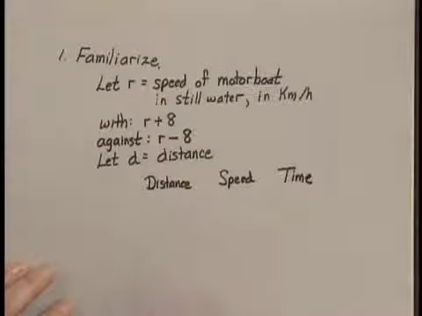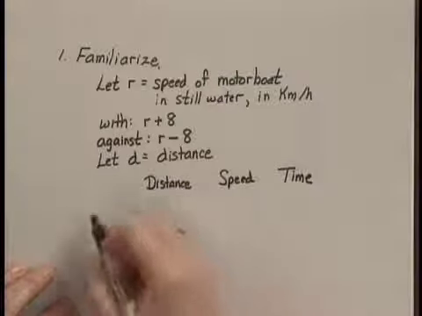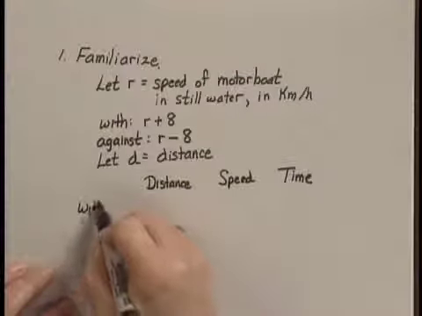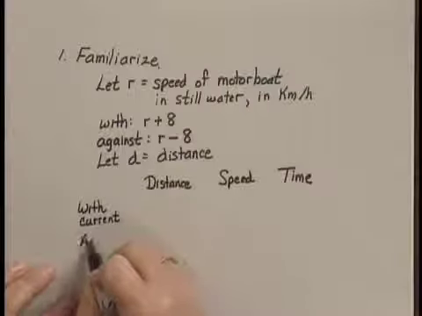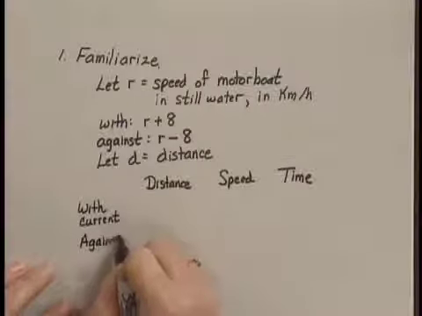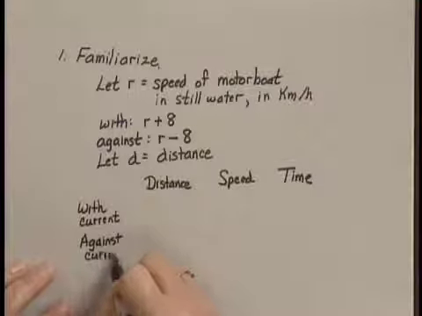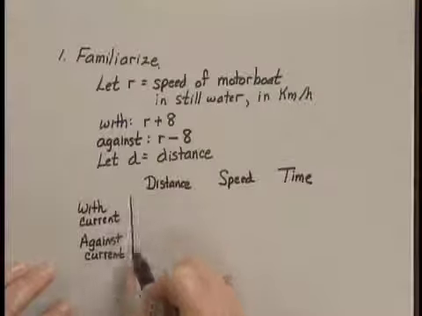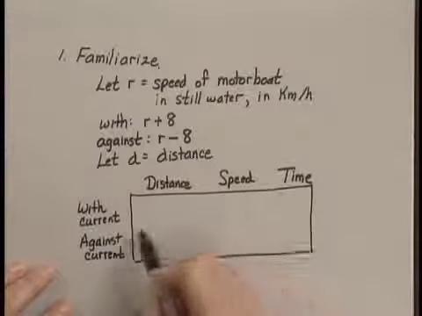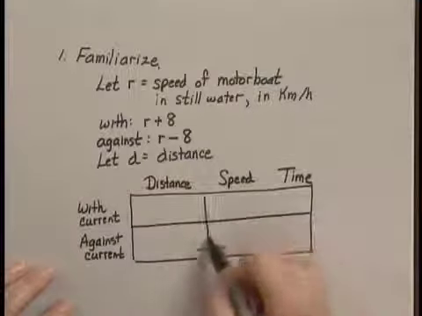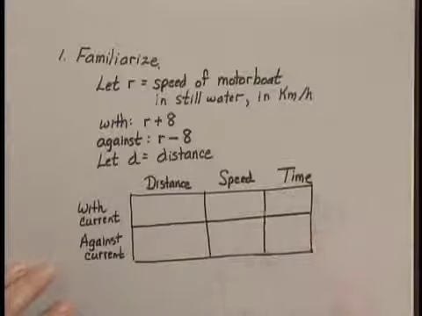And then we look at the two situations of motion we have: with current and against current. We can draw a table with 2 rows and 3 columns. And then let's fill in what we know.